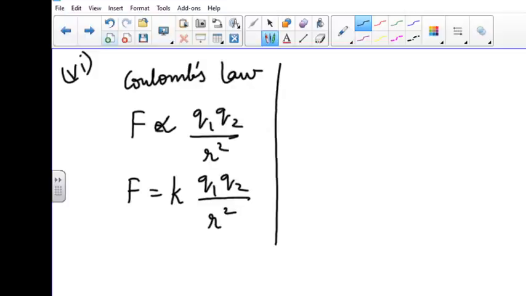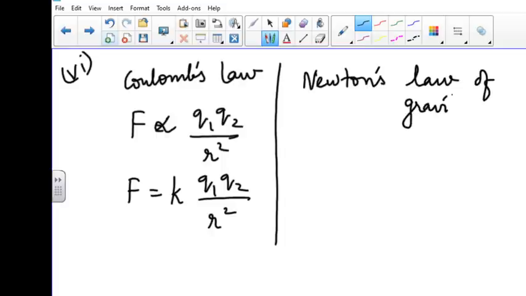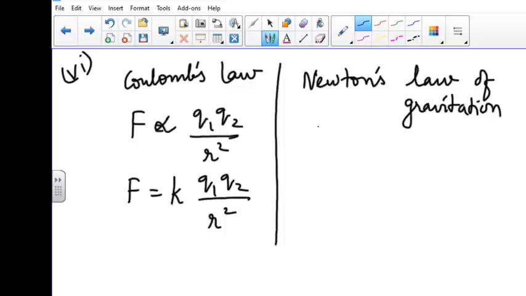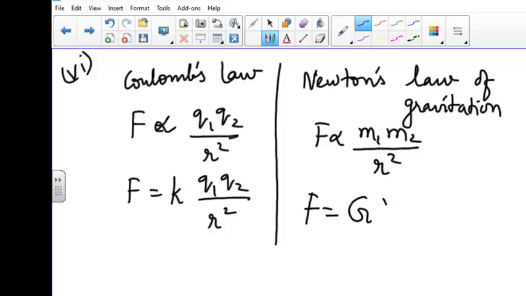Similarly, in Newton's law of gravitation, it is a force between masses. Here we see that F is proportional to m1 m2 by r square, or we can write F is equal to G m1 m2 by r square.